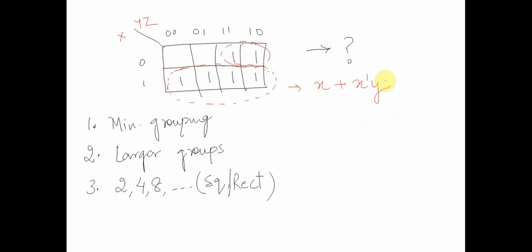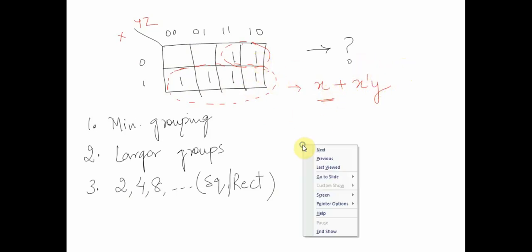Correct? X being this one, and x bar x being this particular entry, and x bar y being x bar and y. Okay, this is one example. So we got two groups, and we got a good amount of length 2 and 4, square and rectangle.